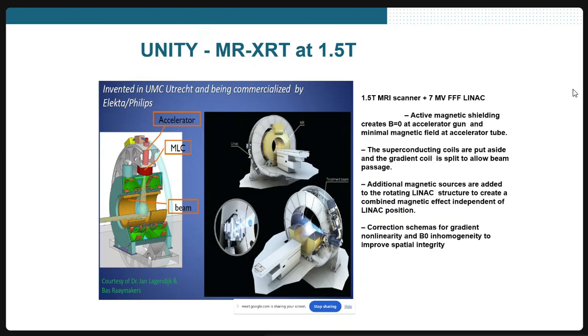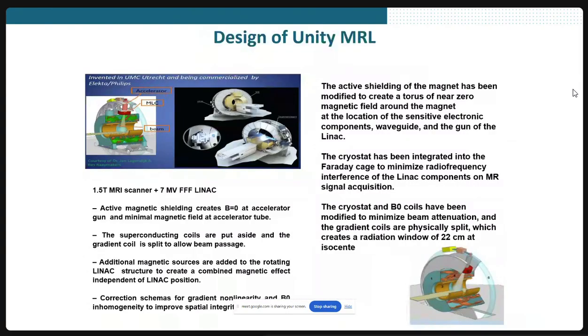The rotation of the gantry of the linear accelerator can create a lot of eddy currents in the MRI magnet, which can indirectly influence your MRI image. This can be nullified by adding magnetic sources for the rotating motion, so that we get a very good quality image. That's the real beauty of this machine.